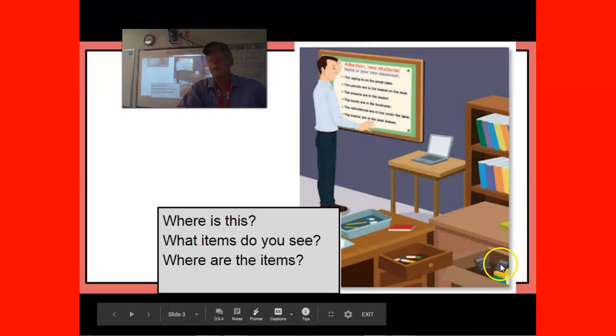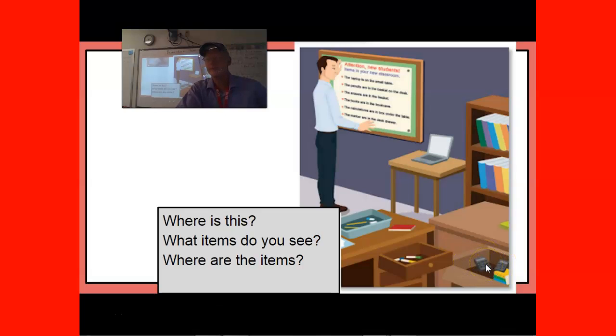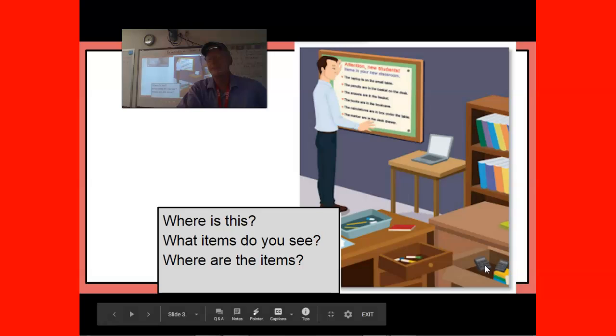What are these? Yeah, calculator. Where are the calculators? Good, the calculators are in the drawer.